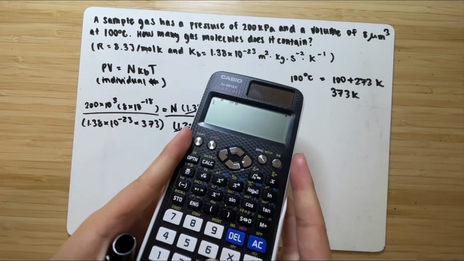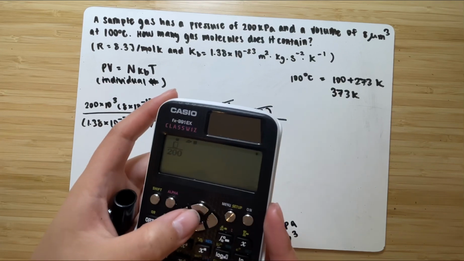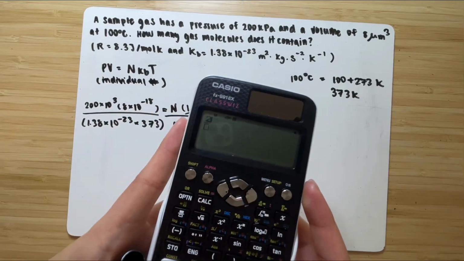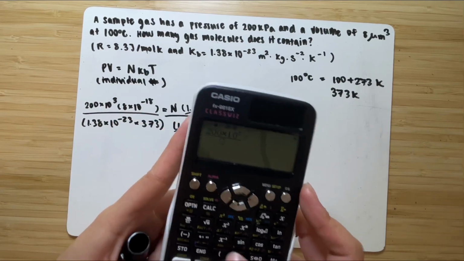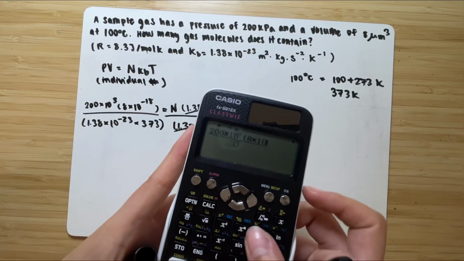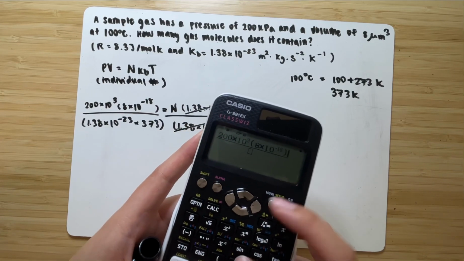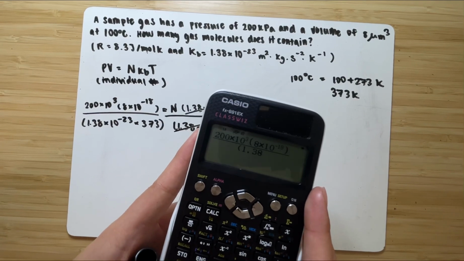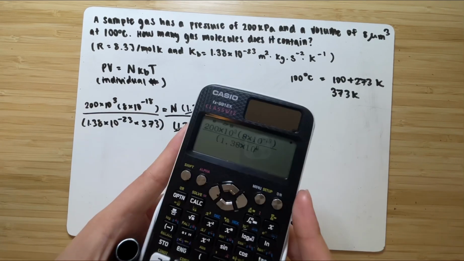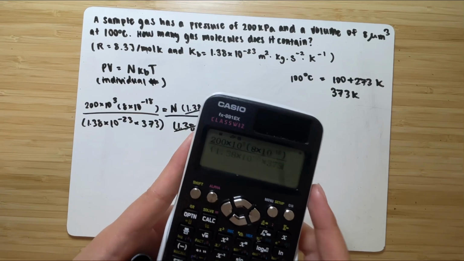You get 200 times 10 to the third power times 8 times 10 to the negative 18 power, all that over 1.38 times 10 to the negative 23 power times 373.